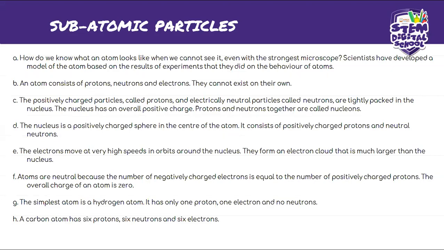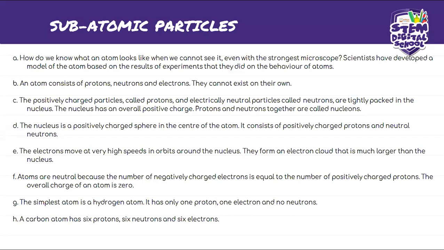So what scientists have done is that they have developed a model based on the behavior of atoms. So the previous slide that we were just seeing is the model of an atom. So as we said, an atom consists of protons, neutrons, and electrons.